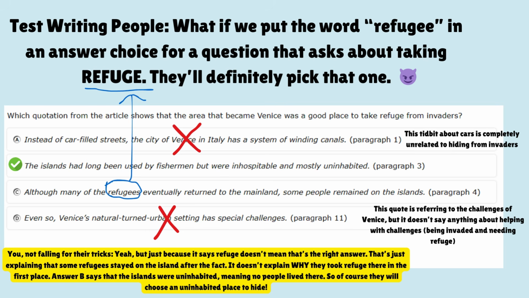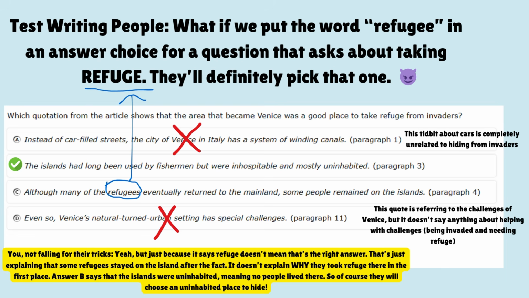Okay, so which ones are we going to eliminate right off the bat? We're eliminating A, because A says, instead of car-filled streets, the city of Venice in Italy has a system of winding canals. So this tidbit about cars is completely unrelated to hiding from invaders. It does not relate. Get rid of it.